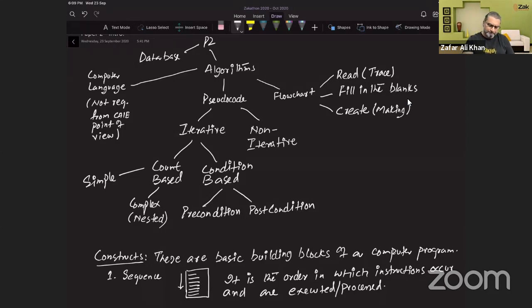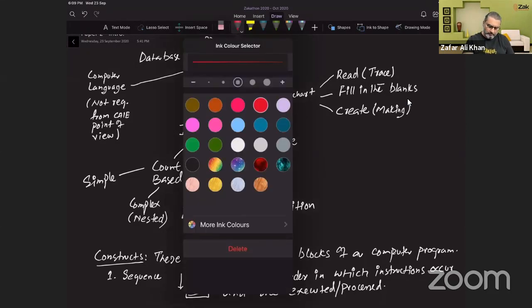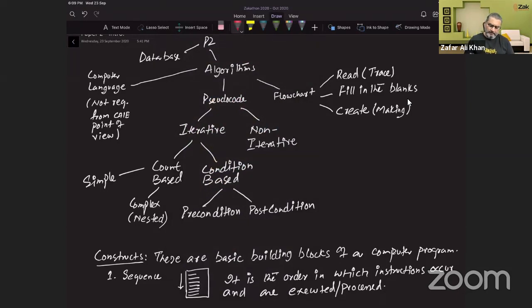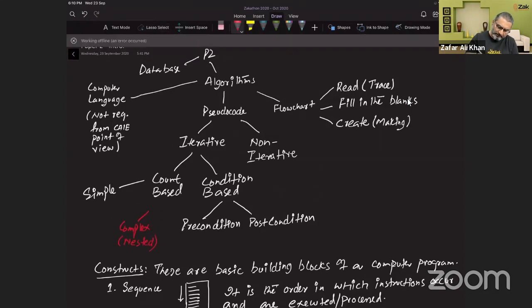Now, this simple count based and complex means nested count based. Count based are always made using for next loops.